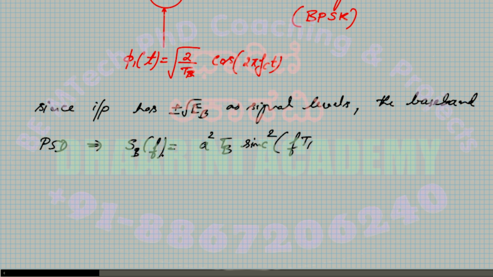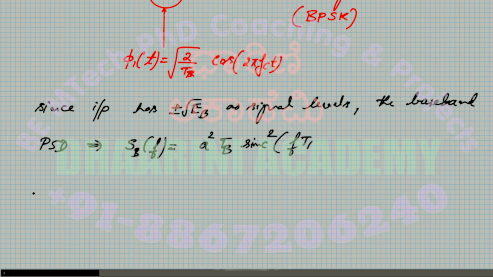So this is the baseband PSD. Now what should I do in order to get the PSD? You have an input multiplied by phi of t, which means it is going to move to FC and minus FC, so that it becomes the band pass.